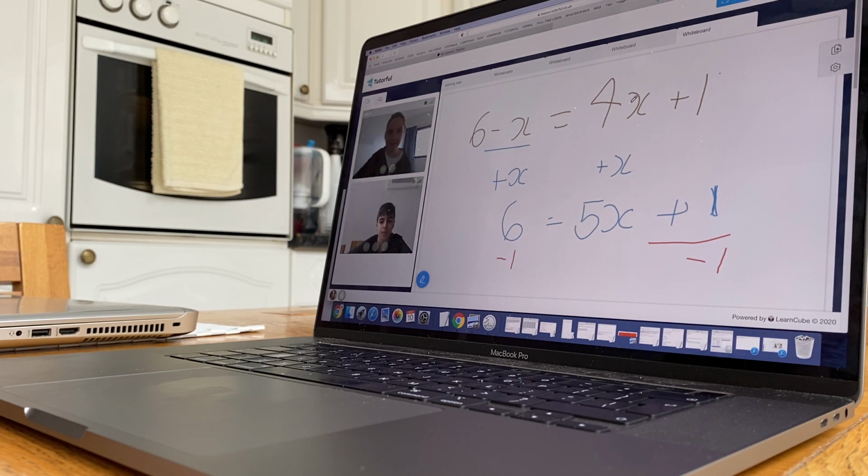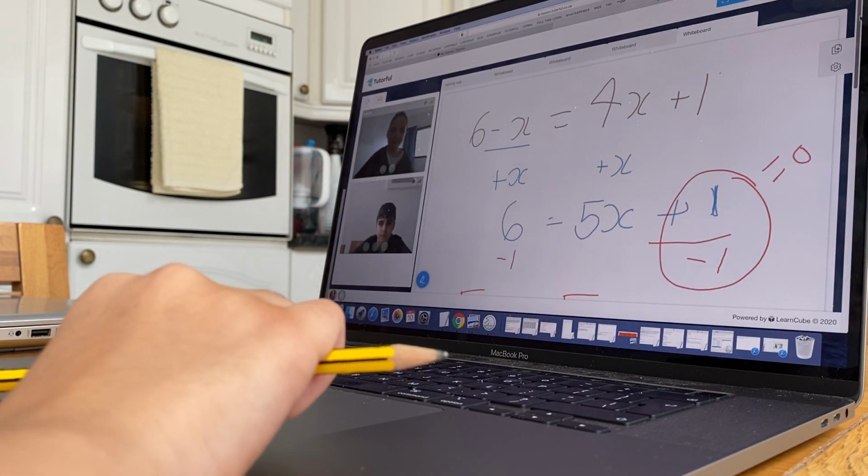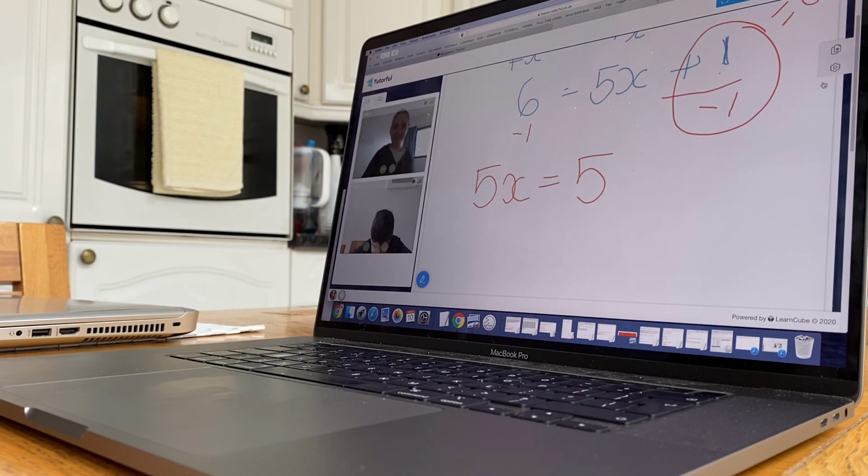So we have 5x equal to 5, and this side is equal to 0. Okay, so we have 5x equal to 5. So what's x equal to? 1. Yes, perfect. 5 times 1 is equal to 5. So x equal to 1 is our answer.